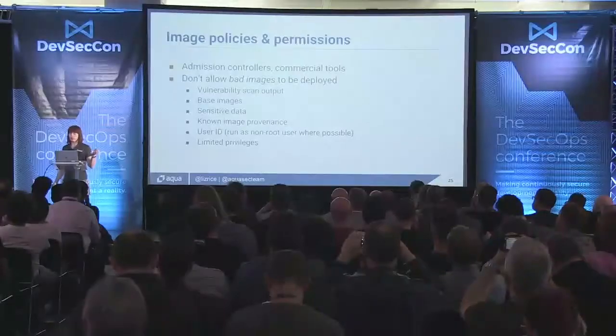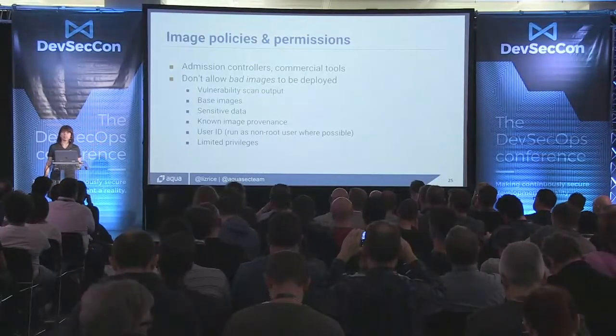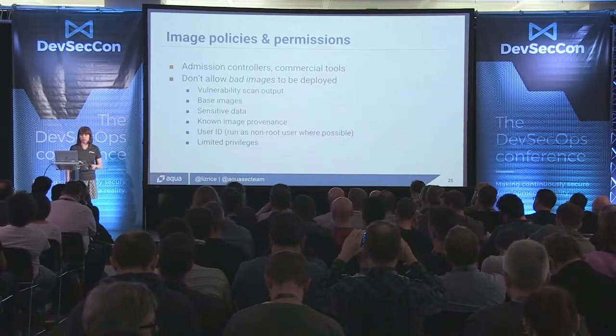And you also might want to limit the privileges that containers are allowed to run as. And again, making sure that you don't deploy a container unless it's going to run as a non-root user, making sure you're not allowed to deploy privileged images. These are things that you can do at the admission control stage.